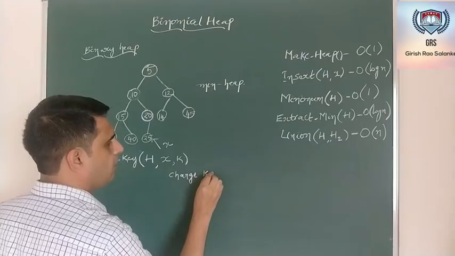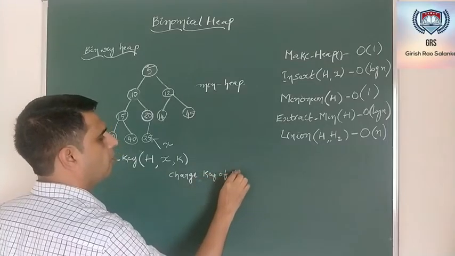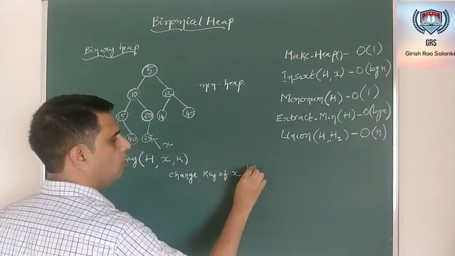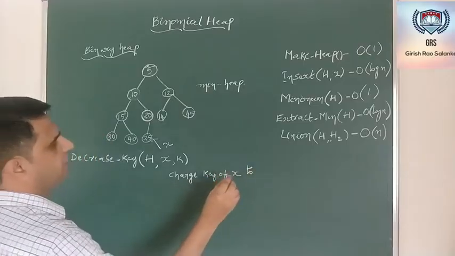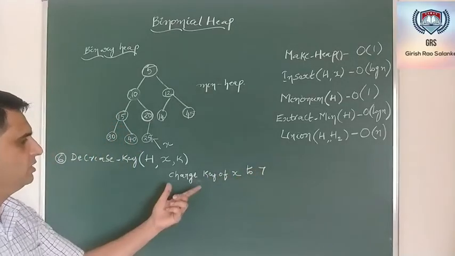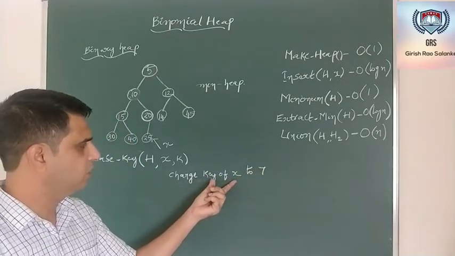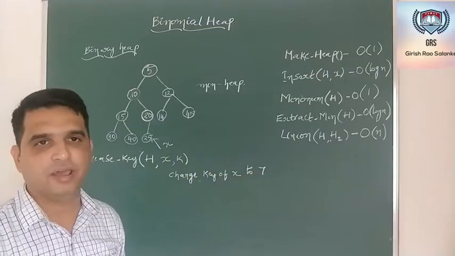Change the key of X to, let me have 7. I want to change the key stored in node X to 7.